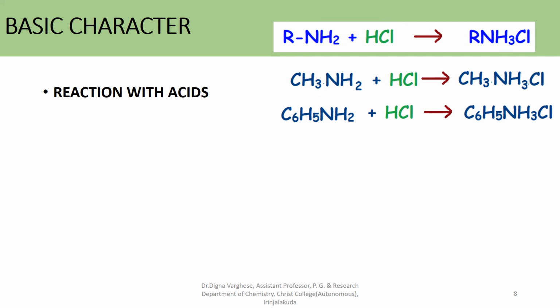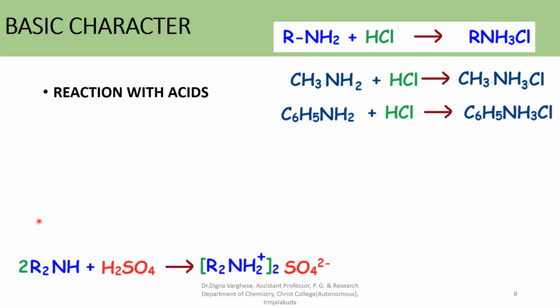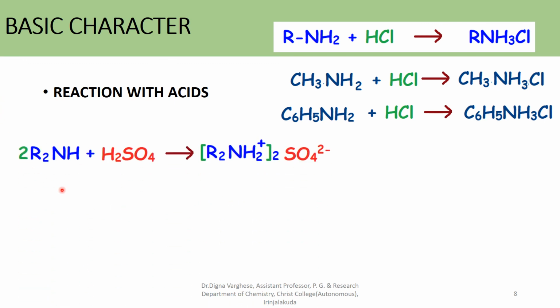In the next case, the secondary amine reacts with sulfuric acid. It can react with HCl also. All types of amines react with acids like HCl, H2SO4, HNO3 to form soluble salts.